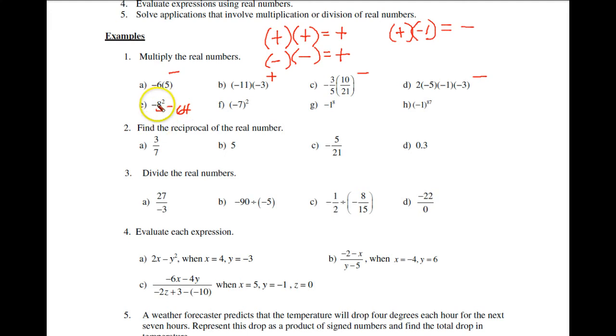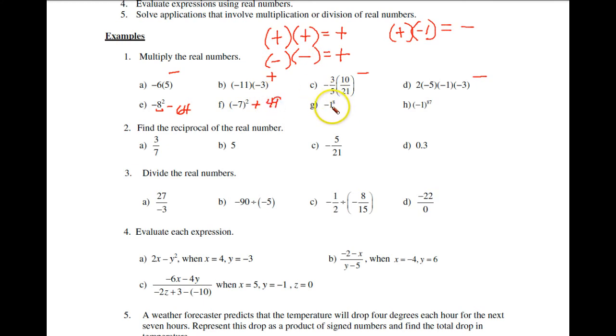So this one's a little tricky. Now here, the negative sign is included in the base. So it's going to be a negative 7 times a negative 7, or the negative is used twice. So 2 negatives here, our sign will be a positive. And that's just going to be 49 then.